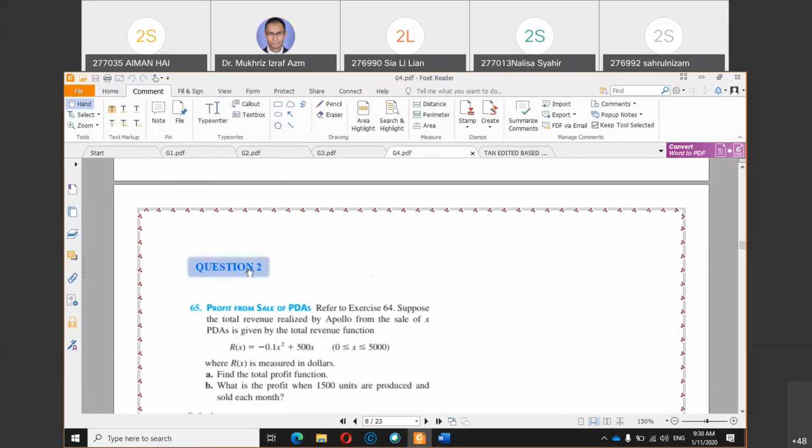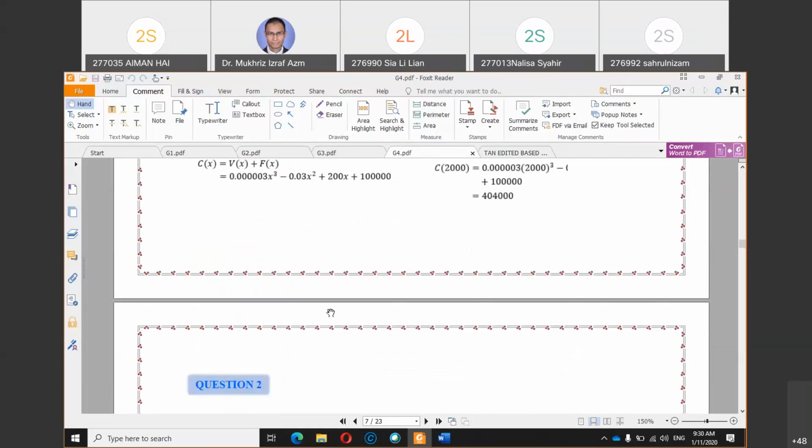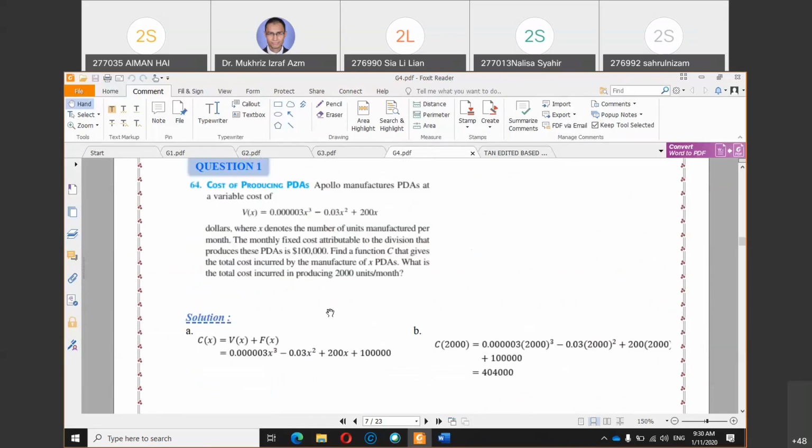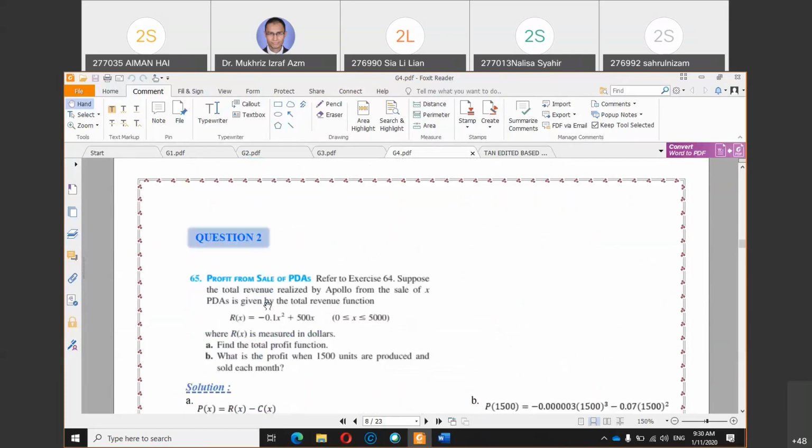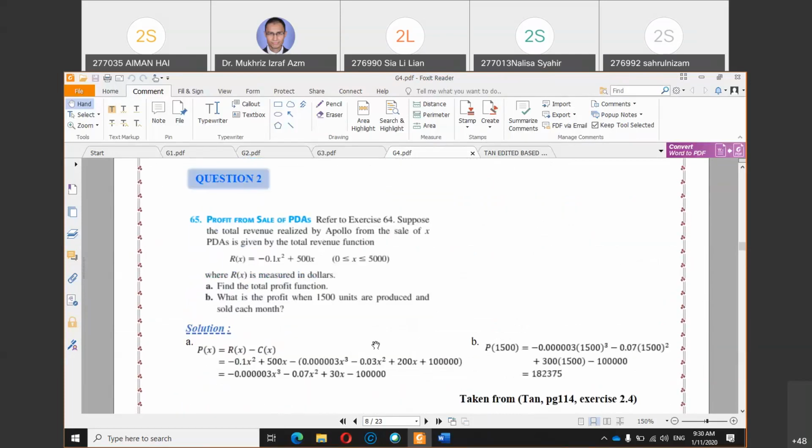So I assume question 2 means this is from the questions, right? For question and solution. Okay, doctor. Because you continue from question 64. But 65 is an odd number question. For other groups as well, please take note.